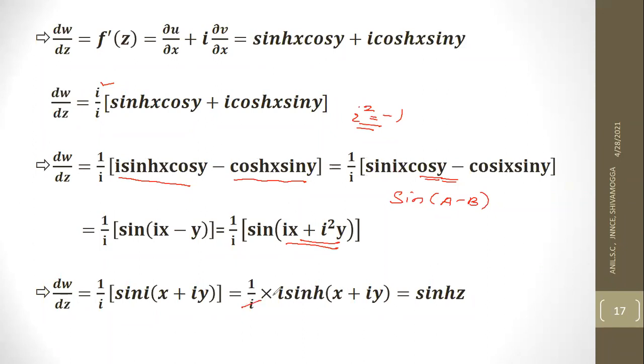Cancel this i with this i. Sine hyperbolic x plus iy, and x plus iy is denoted by z. Therefore, the derivative is sine hyperbolic z. So what we proved here is that f of z equal to cos hyperbolic z is analytic and its derivative is sine hyperbolic z.